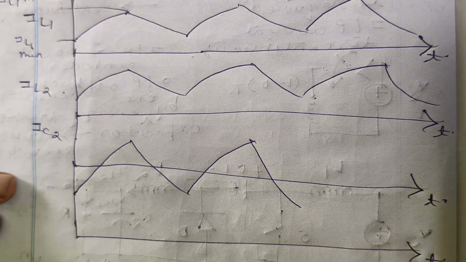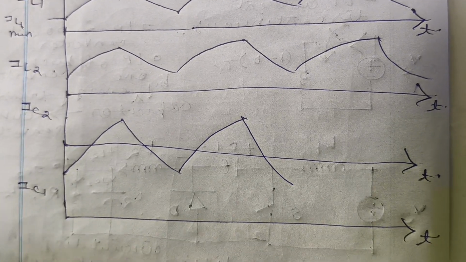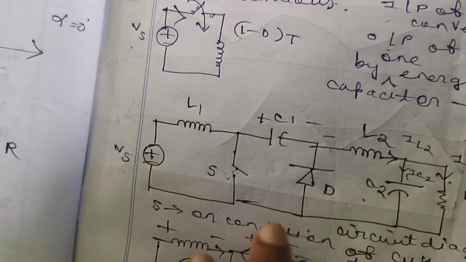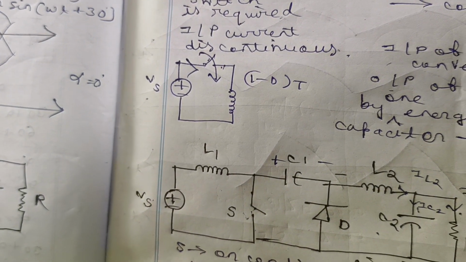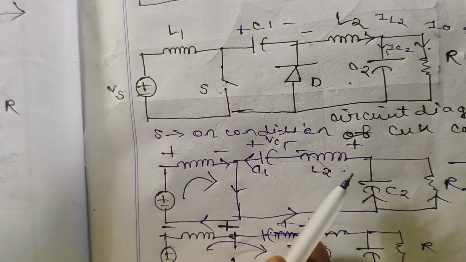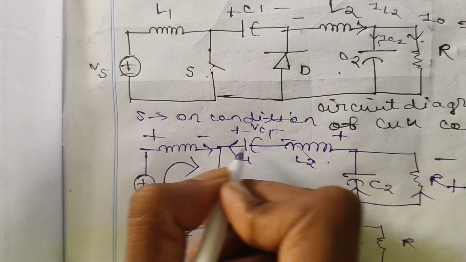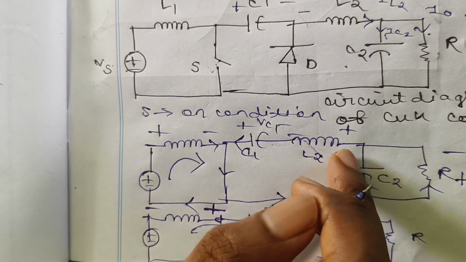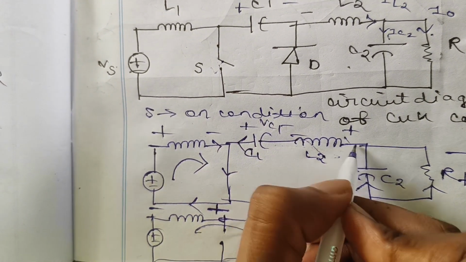Now the last waveform that we will get is IC1, the capacitor current 1. Capacitor current 1 is nothing but the IL2 current. Whenever the switch is in the on condition, the same current flows through the series combination of capacitor and inductor, but the direction of IL2 is taken like this.